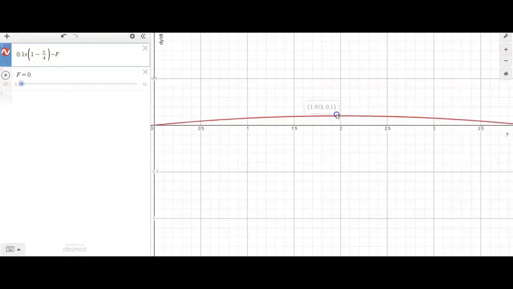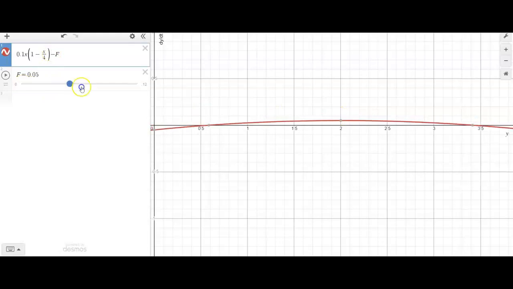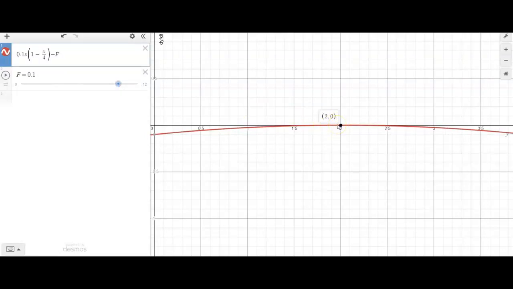When we weren't fishing at all, notice that 0.1 was the value of the vertex, or the output value of the vertex. So if I shift this thing down 0.1 units, well, that's going to bring the vertex down 0.1 units, and that's where we're going to have the bifurcation value. So you can find this mathematically as well.